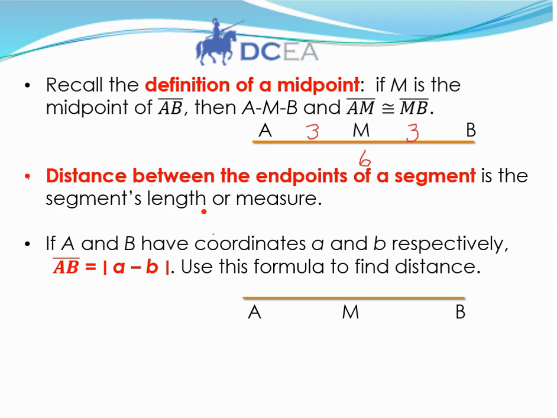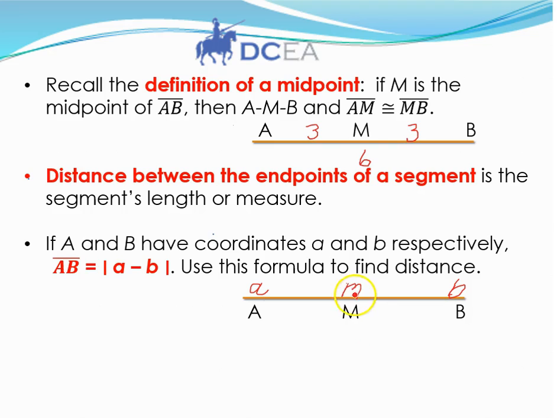And segment AB, this is the same segment right here. We have coordinates, and these coordinates are named with small letters. They will respectively line up with the large letters on your number line.